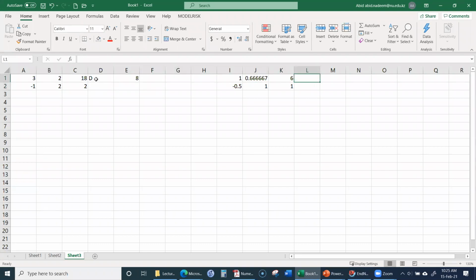And what is the determinant for the scaled system? We can just simply copy and paste the formula. The determinant will be 1.33. So you can see that by scaling, there is a change in the determinant. From 8, it has decreased to 1/3.